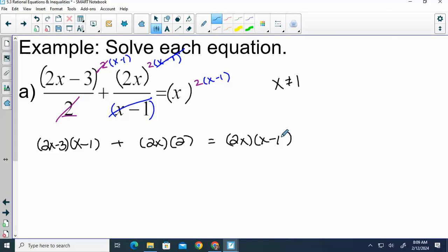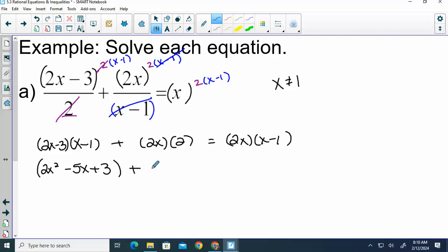Does everybody understand how I got to this step? Is this something we could solve? Yeah. What would we have to do? Distribute. Start multiplying this out. So here we FOIL. So we get 2x squared minus 2x and minus 3x would be minus 5x plus 3.